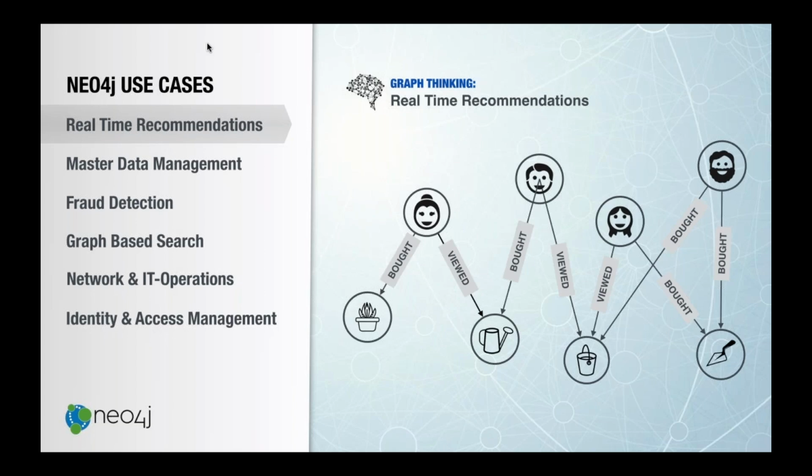They can do that efficiently in real time by storing the data in a graph. So you want to think about all the different types of data that you can bring together to make good decisions. And then you also want to think about the types of algorithms that you can apply to make those recommendation decisions.